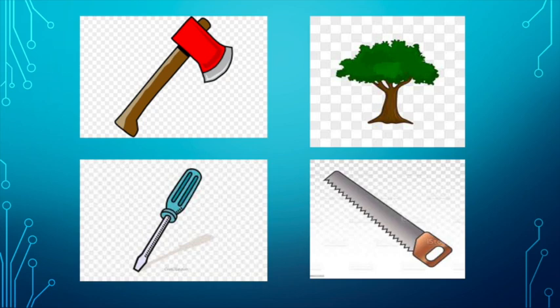And so the goal is to look at these 4 pictures and match 3 of them up. In general, my inclination, and probably yours as well, is to match the tools up. So a hatchet and a screwdriver and a saw are different fundamentally from a tree, right? Because those are all tools that hands can use.